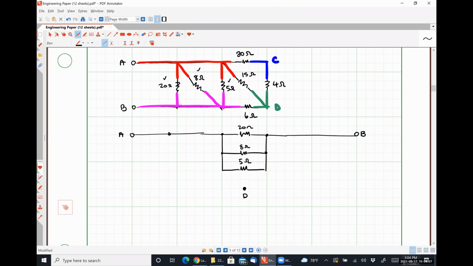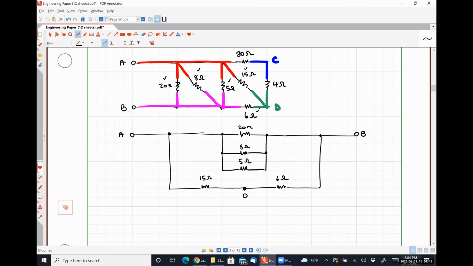When I go from A to D directly, that is through my 15 ohm resistor. And then to go from D to B, I go through the 6 ohm resistor. So that's the 15 taken care of, and that's the 6 taken care of.